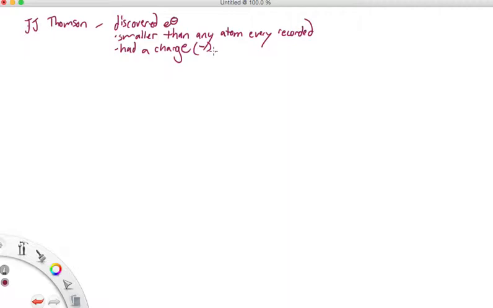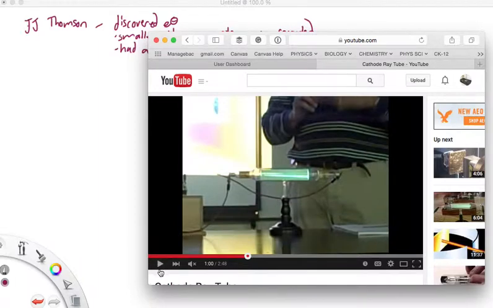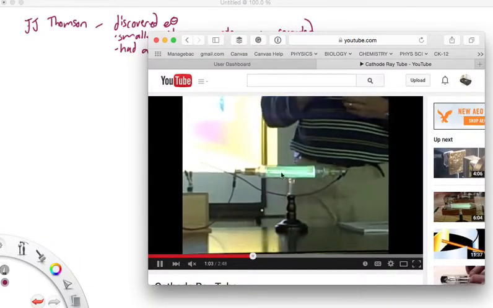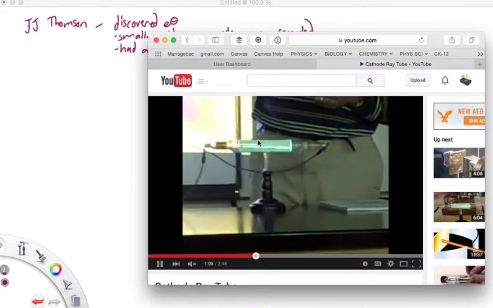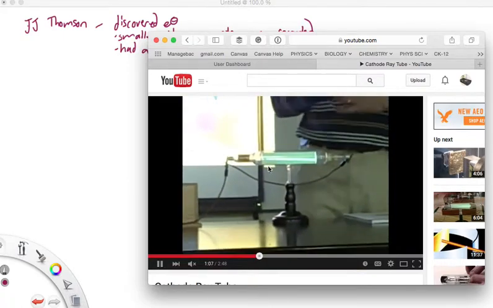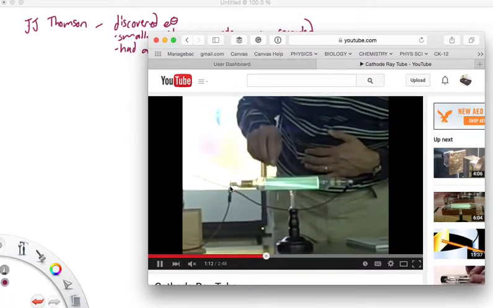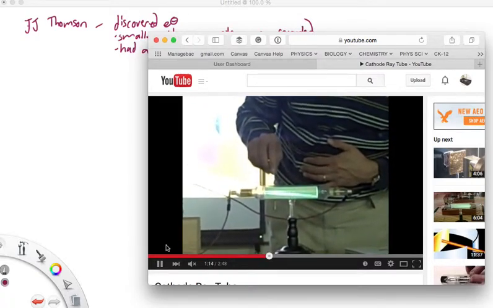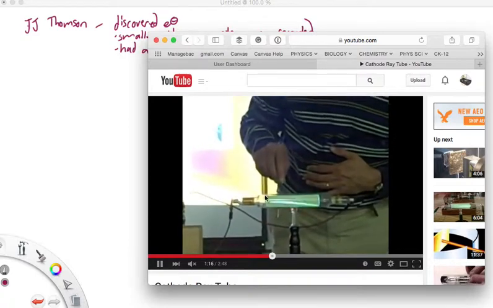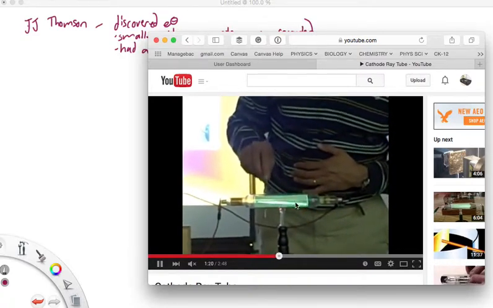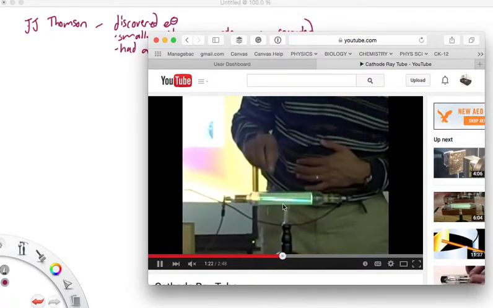All right. So here's a little example of a cathode ray tube. A cathode ray tube shoots little electrons, as you can see right here. And here's another teacher showing it. I used to have one of these in the chemistry lab. You just hook up this cord right here to a power outlet, and then electrons are rushed through here, and you can show them through this little phosphorescent screen that lights up.